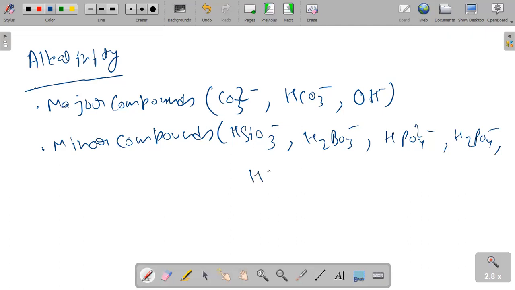So these are the major and minor compounds of alkalinity. Major compounds: CO3 2-, HCO3-, OH-. Minor compounds: HSiO3-, H2BO3-, HPO4 2-, H2PO4- and HS-.